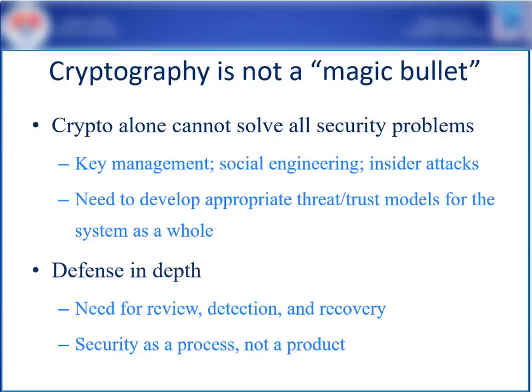Remember that according to the basic principles of information security, the system is as secure as its weakest link. So crypto alone cannot solve all the security problems that our system can face, since there are key management issues, social engineering, and insider attacks.